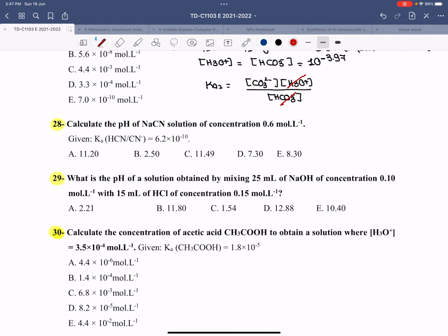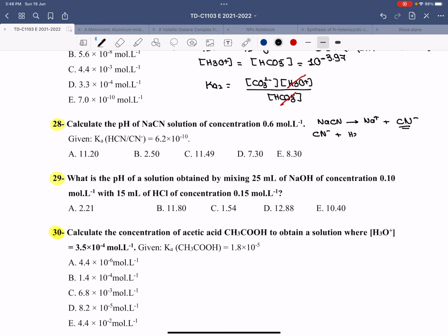Calculate the pH of NaCN solution of concentration 0.6. Good. First, what is NaCN? NaCN is a salt that dissociates completely to give you Na plus, which is a spectator, and CN minus. Now CN minus behaves as a base.